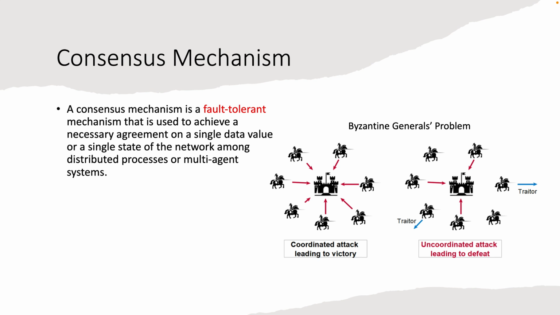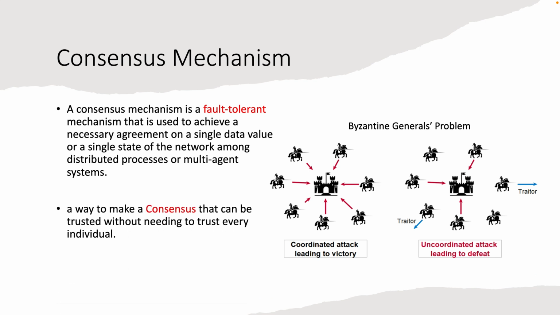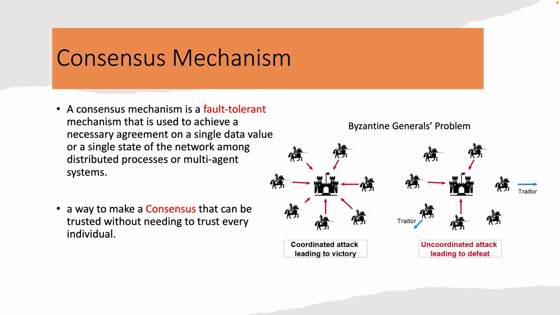Or we can say it's a way to make a consensus that can be trusted without needing to trust every individual. So consensus mechanism is like, hey guys, this is a procedure we're going to use to make sure everyone agrees on something. That is a consensus.